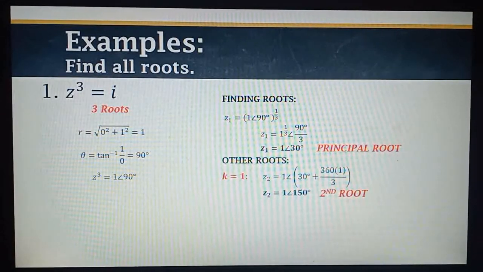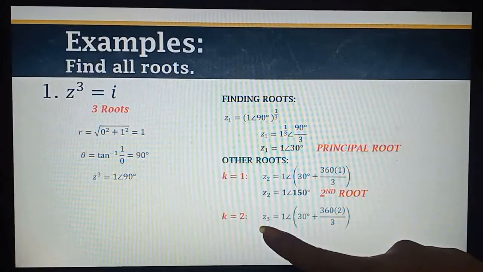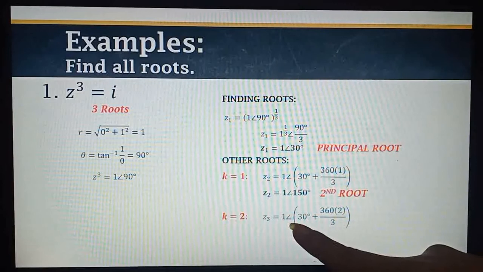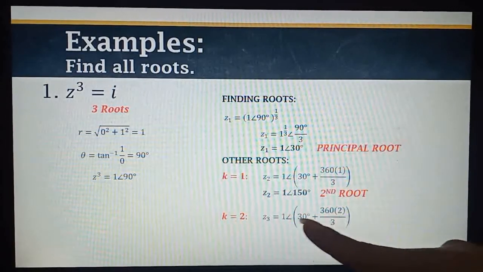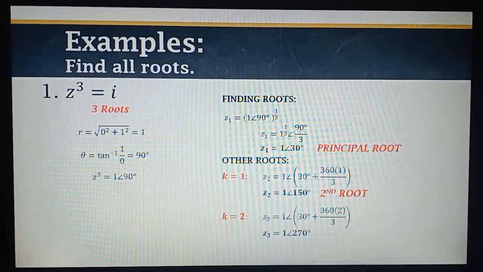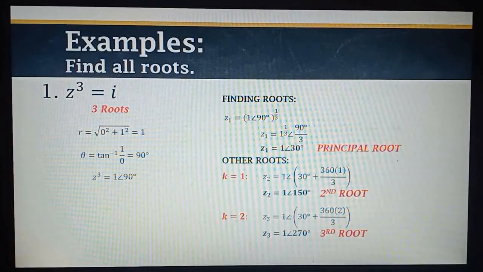Then the third root or the last root of the equation, which is k equals 2, you will have z3 equals 1 at angle 30 degrees plus 360 times k, which is 2, over n, which is 3. Then the value of your third root is 1 at angle 270 degrees.